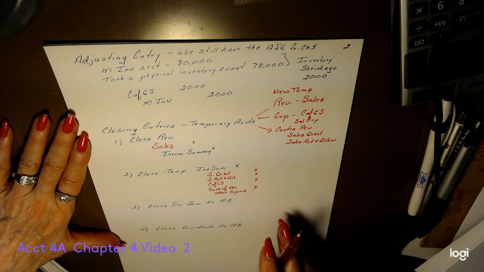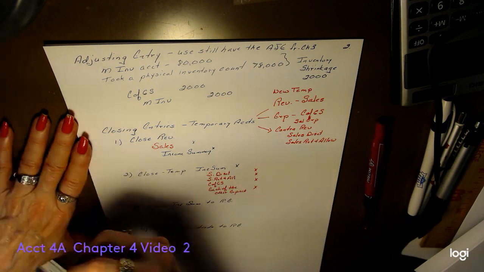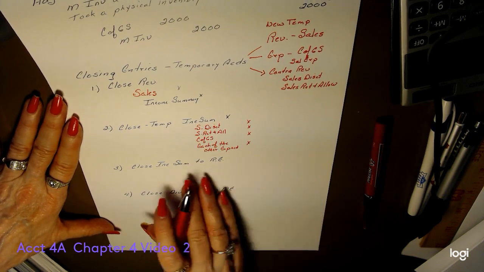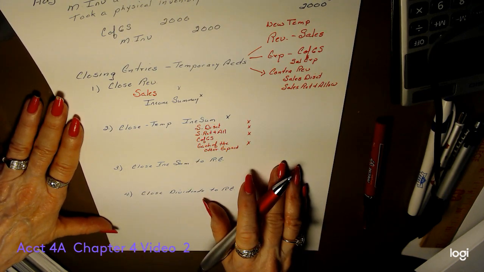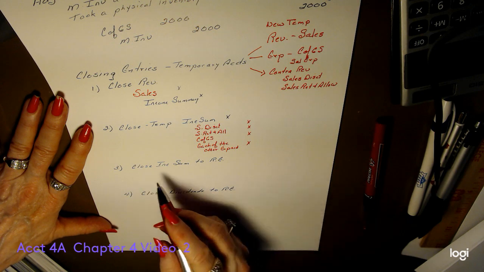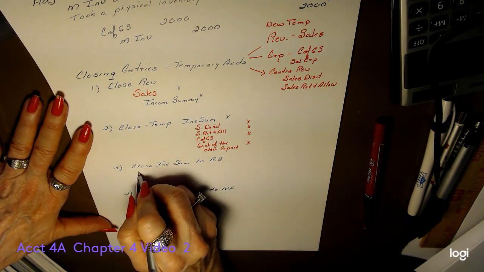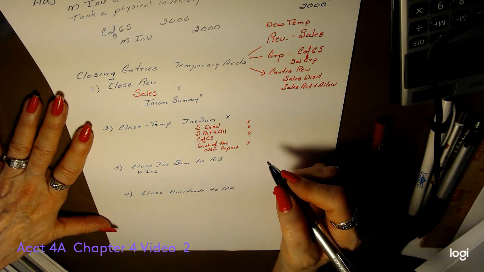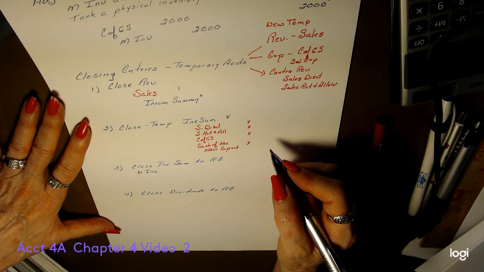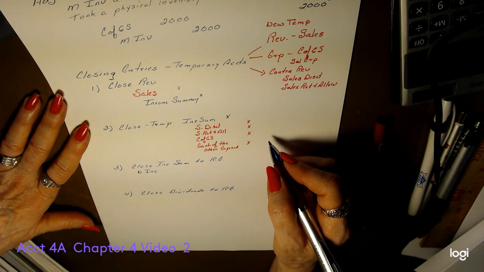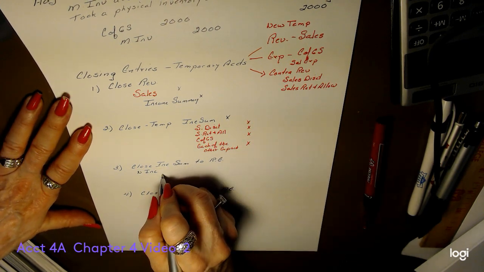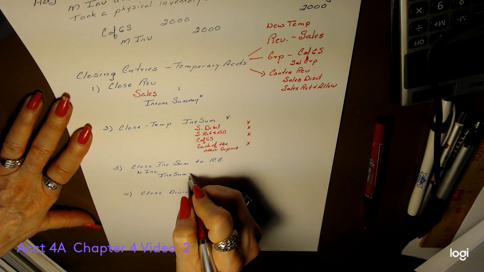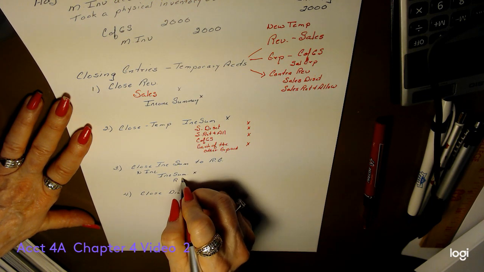And so the last couple of entries are the same as the ones that we've made before. The first one, hopefully we've made a net income. And so if we have made a net income, then the income summary account will have a credit balance, and we'll debit income summary and credit retained earnings.